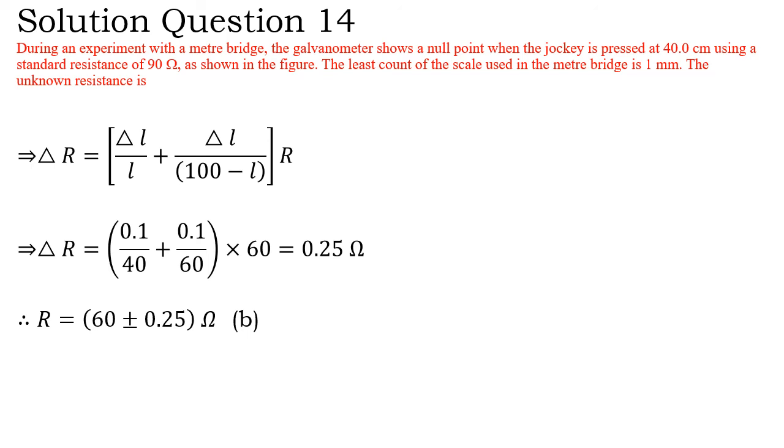So here the unknown resistance R was found first, and then its error or tolerance has also been found. Thus the value of the resistance required is 60 plus or minus 0.25, and this happens to be option B here, my dear friends. I hope this approach is clear to you all.